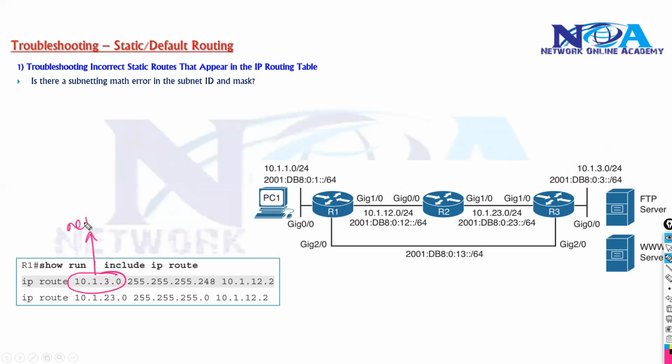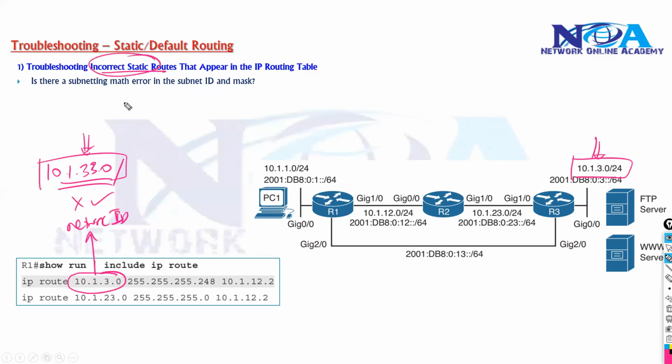This is my network ID, and we need to make sure it is correct, because if I'm using 10.1.3.0/24, that is my actual network. If I write 10.1.33.0, maybe a typing error, or maybe you miscalculated, that might be the possibility. If you misconfigure a wrong network ID, that might be the issue.